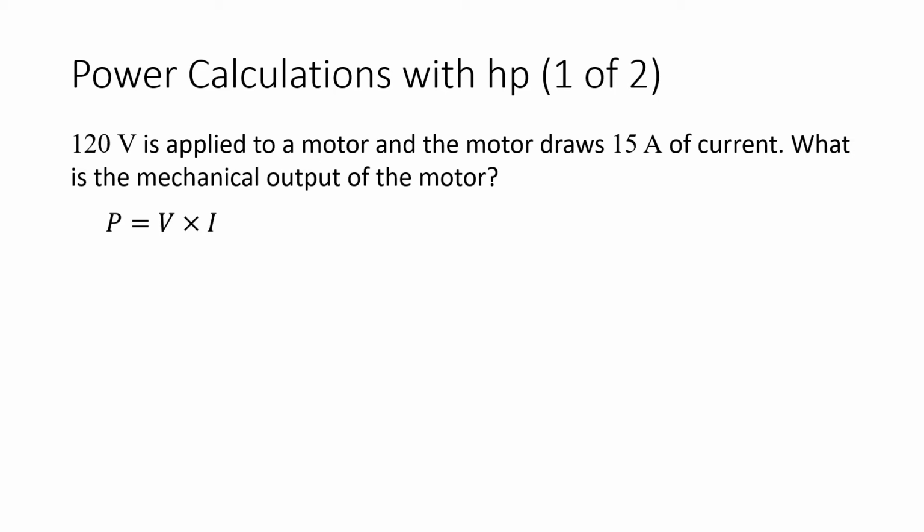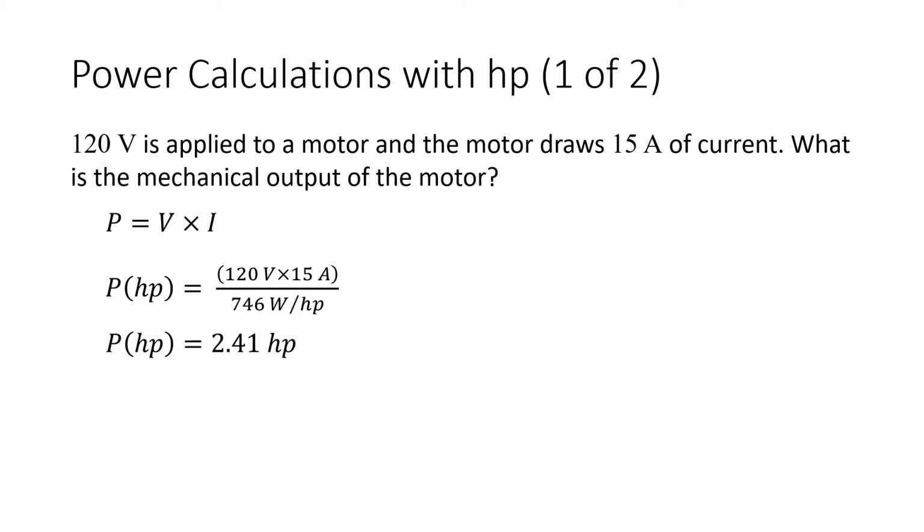So we start with our equation, P equals V times I, and the output power in horsepower is 120 volts times 15 amps divided by the conversion factor of 746 watts per horsepower. So the output power of this motor is 2.41 horsepower.